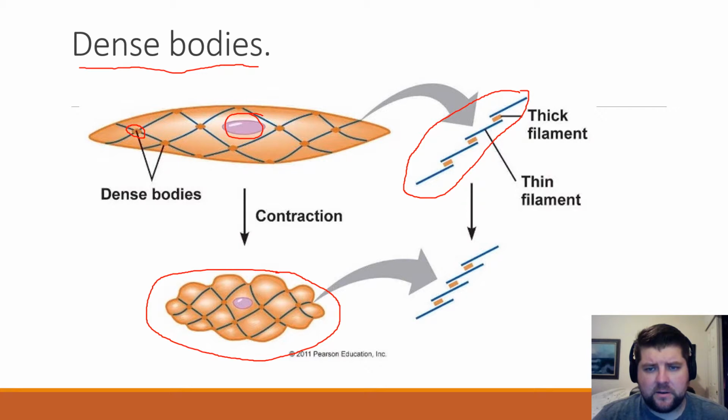You can see these thin filaments get closer to the thick filaments, and they bring it closer together. That's how these smooth muscles contract. These dense bodies hold together the thick filaments, and the thin filaments are the other aspect of the cell.